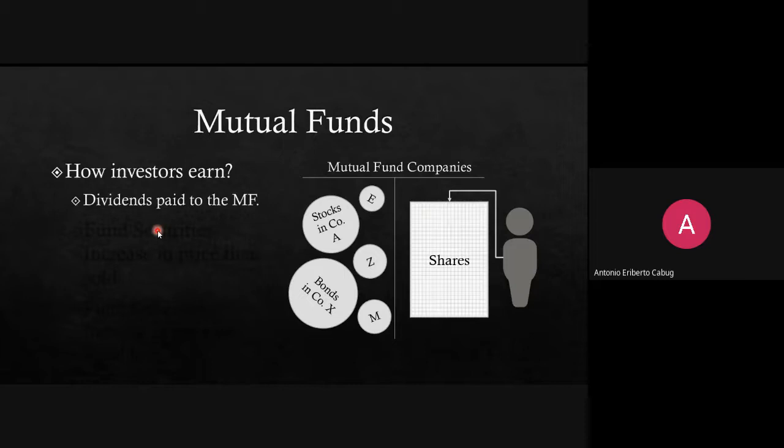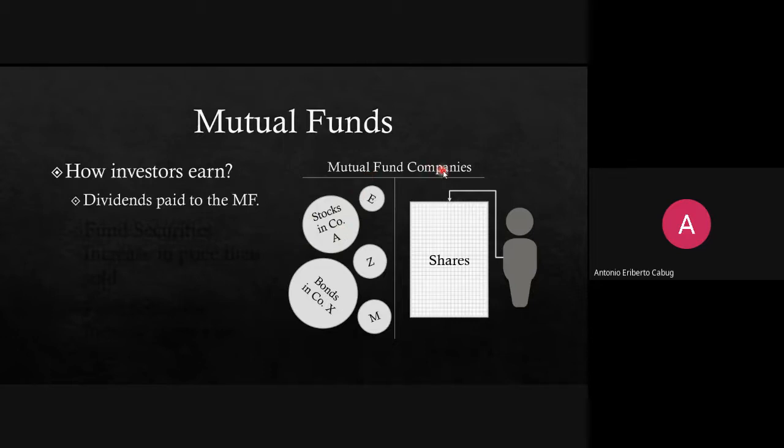Now, one way is when dividends are paid to the mutual fund. Let's say company A. If the mutual fund company has invested in company A and company A declared dividends, those dividends will go to the mutual fund company.